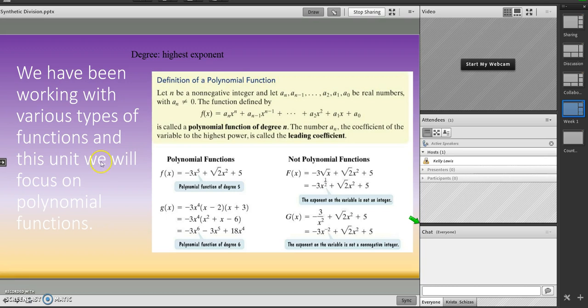A polynomial function is basically any function that's got more than two terms, and the degree has to be a positive integer. So it can't be a fraction, and it can't be a negative. Just a reminder that the degree is the highest exponent. The degree on this one is 5, and over here the degree is 6.